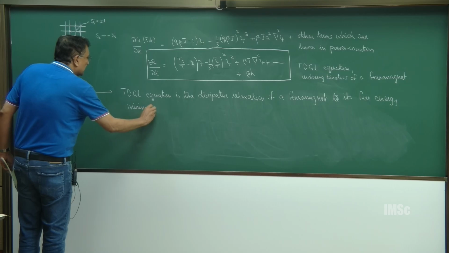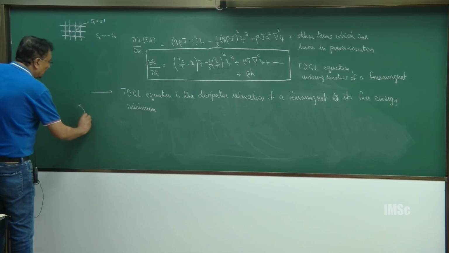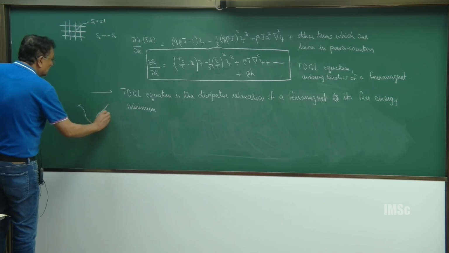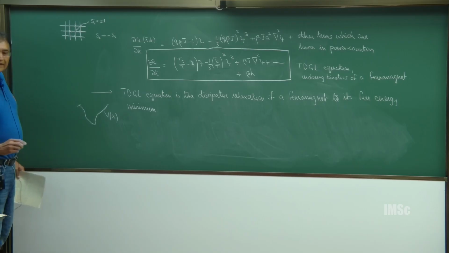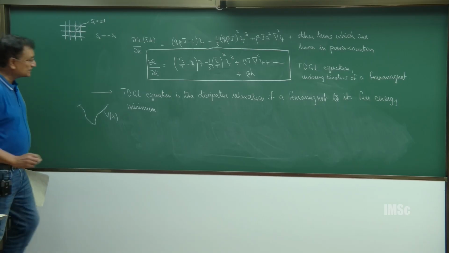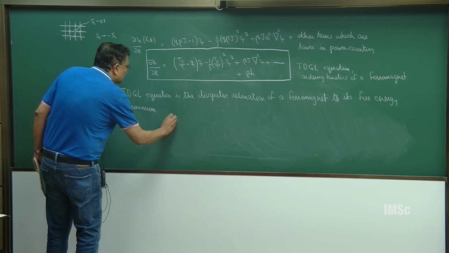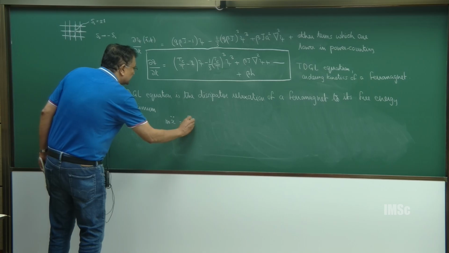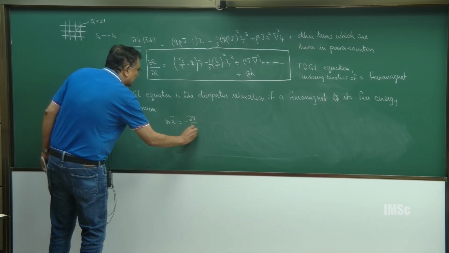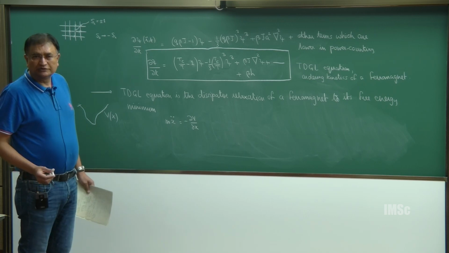So again, you recall if you have some one-dimensional particle moving in some kind of potential V(x), then you write down the equation for this particle as m x double dot is equal to minus del V by del x. That's just Newton's law of motion.